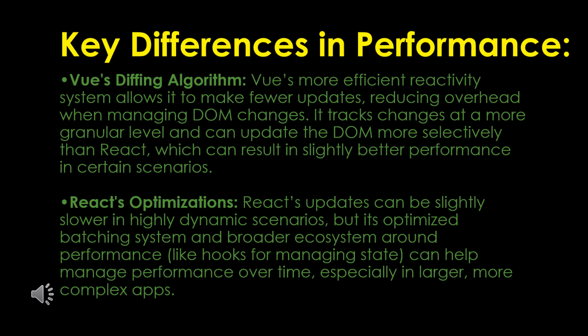Vue's diffing algorithm versus React's optimizations. Vue's more efficient reactivity system allows it to make fewer updates, reducing overhead when managing DOM changes. It tracks changes at a more granular level and can update the DOM more selectively than React, which can result in slightly better performance in certain scenarios. So Vue has better performance in certain scenarios than React.